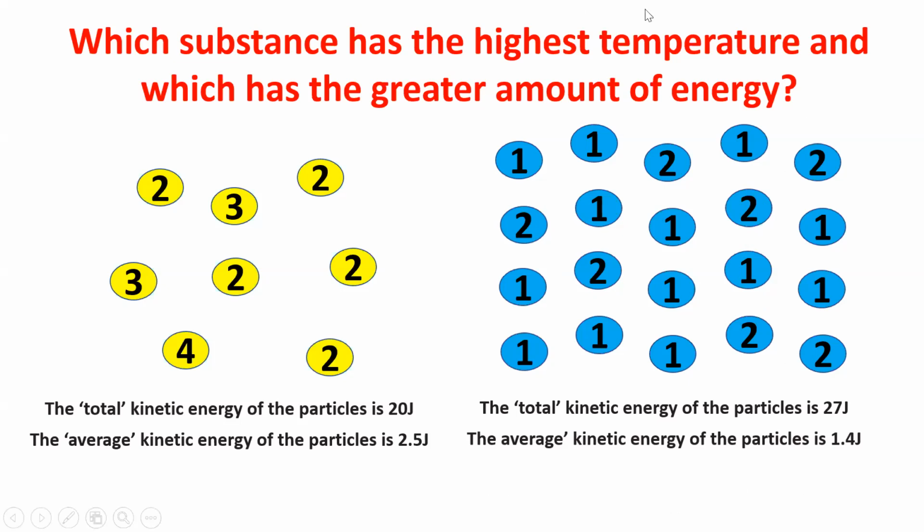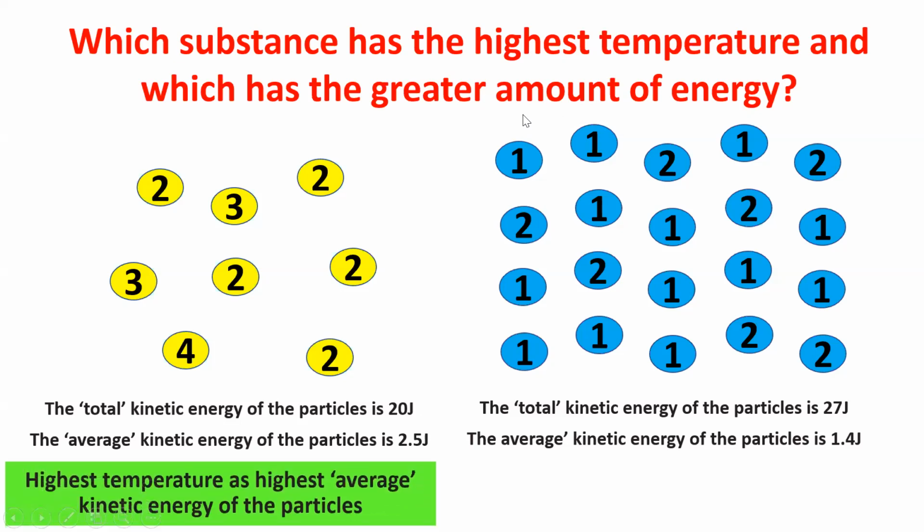So what do we remember about temperature and amount of energy? Well, the substance with the highest temperature is the substance which has the highest average kinetic energy of its particles. Whereas a substance which has a greater amount of energy is a substance with the higher total kinetic energy of its particles.